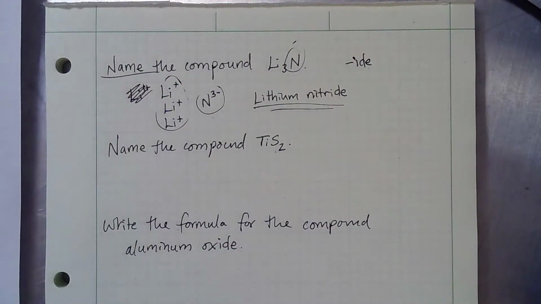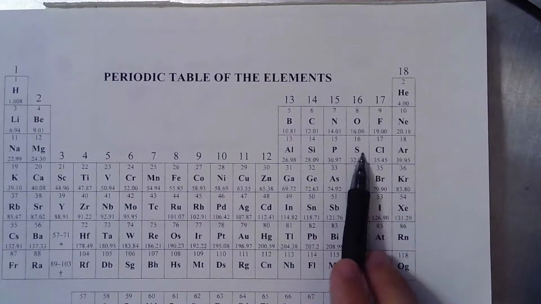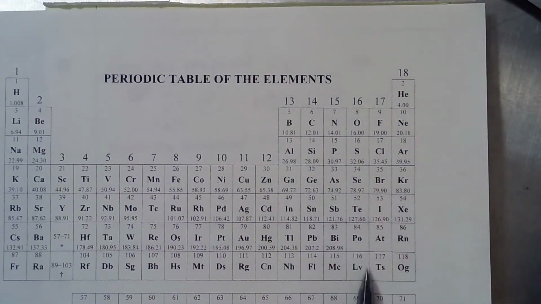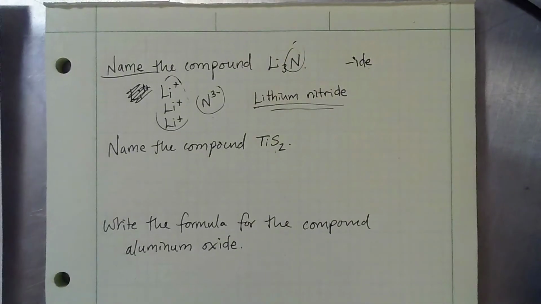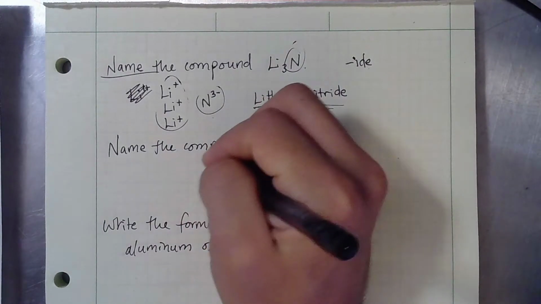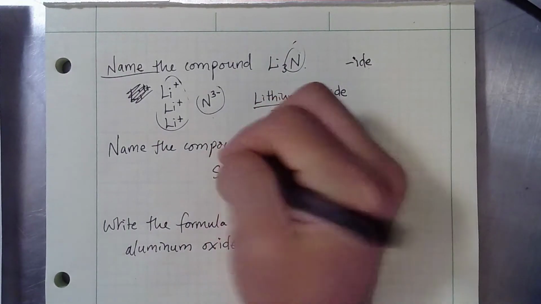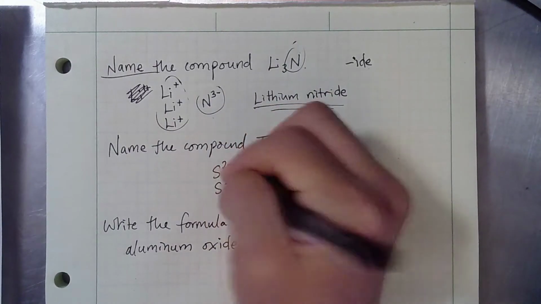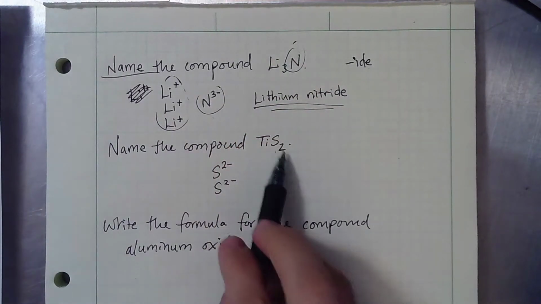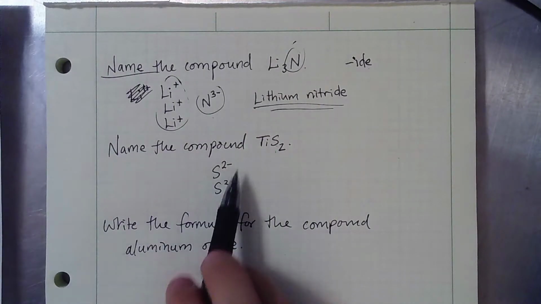Let's look for sulfur instead. So sulfur is here. 6 valence electrons in this column, meaning sulfur could take on 2 additional electrons, resulting in a -2 charge. And we have 2 of them, right? S2. So each of these has a -2 charge.